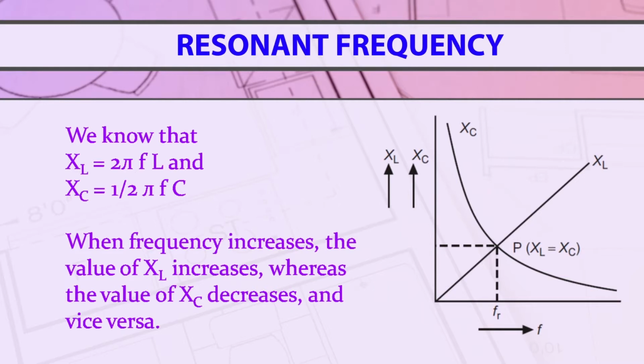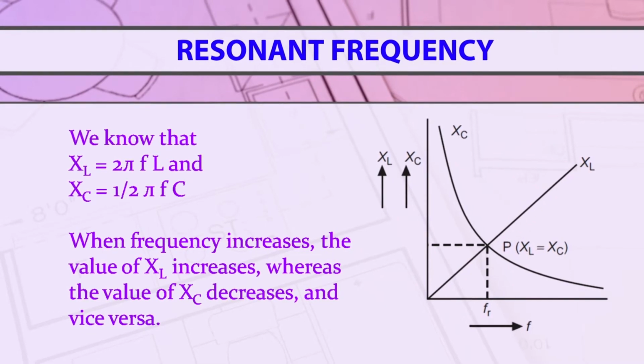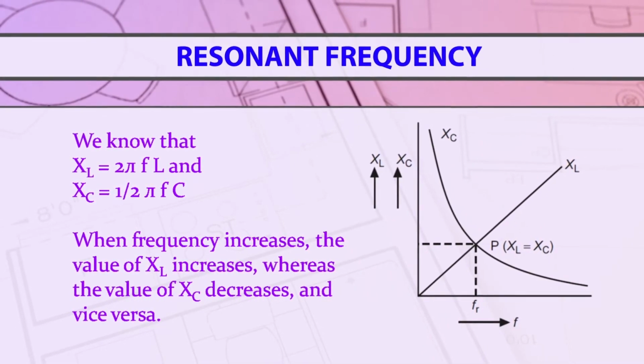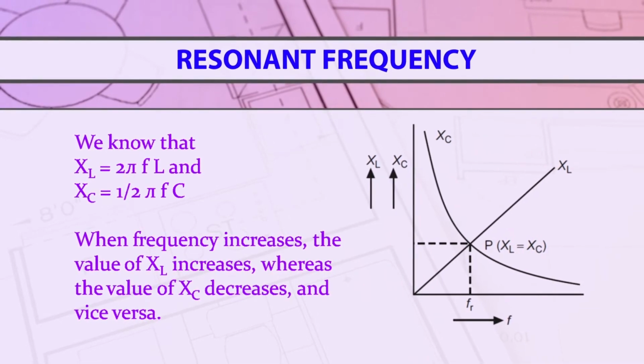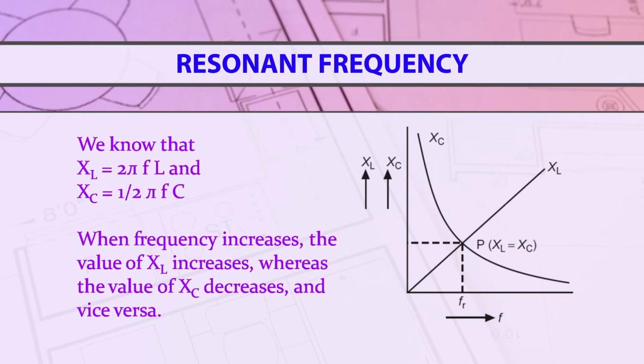That means as the value of L is changing, the value of the inductive reactance is also changing. And capacitive reactance can be written as 1 upon 2 pi FC. That means XC is inversely proportional to the capacitance of the circuit. Here you can see the behavior of XC in the graph. When frequency increases, the value of XL increases, whereas the value of XC decreases, and vice versa.